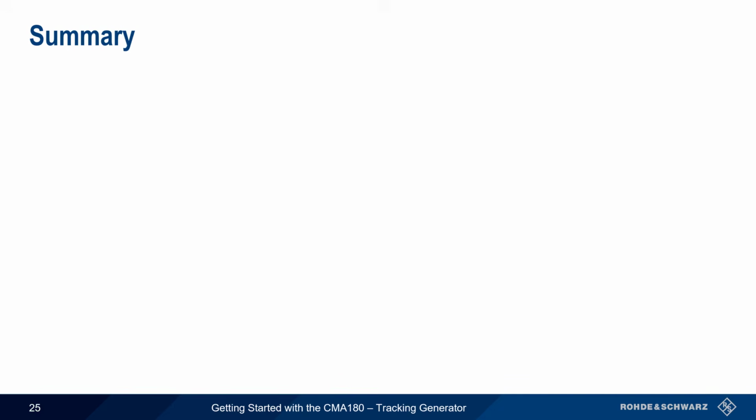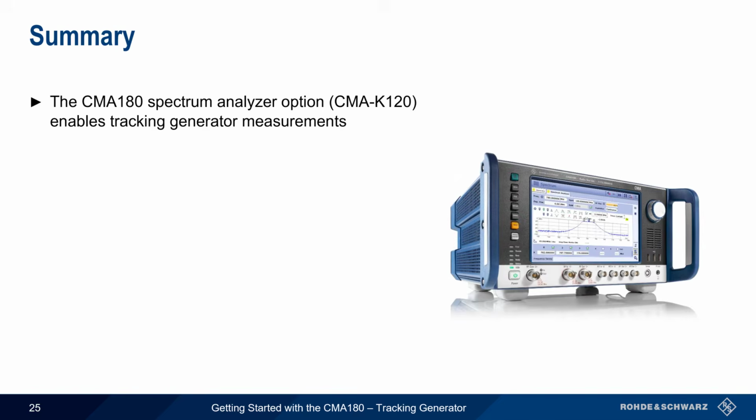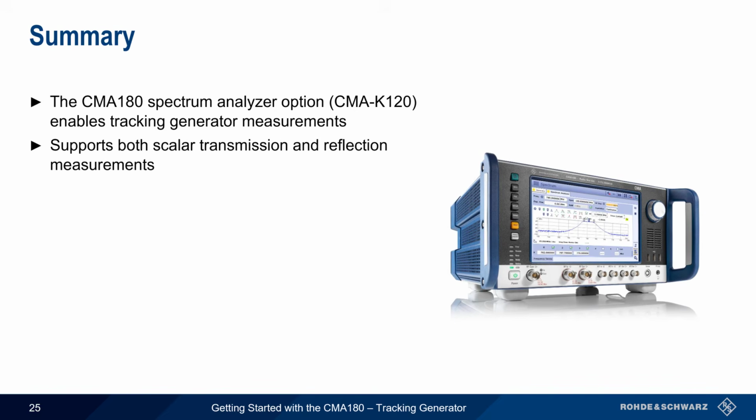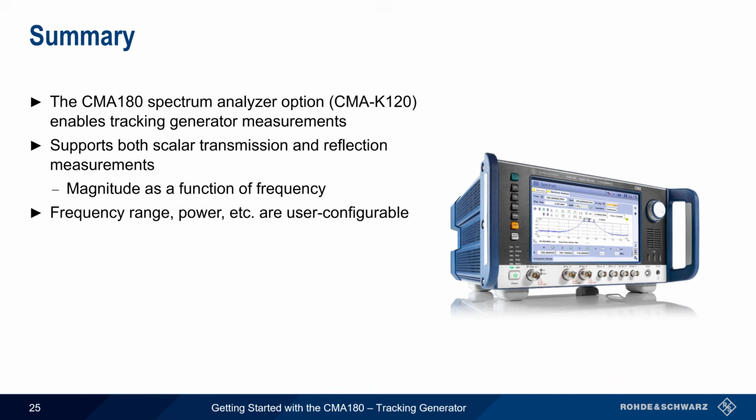Let's end with a brief summary. The CMA K120 option enables tracking generator measurements on the Rohde & Schwarz CMA180 radio test set. Both transmission and reflection measurements can be made, and these show magnitude as a function of frequency. The frequency range, power, and other settings used for making these measurements are user configurable.